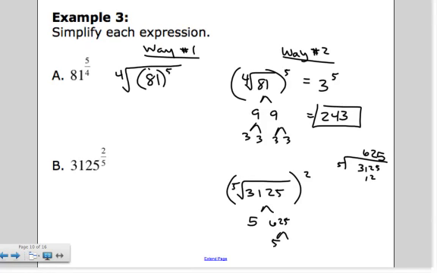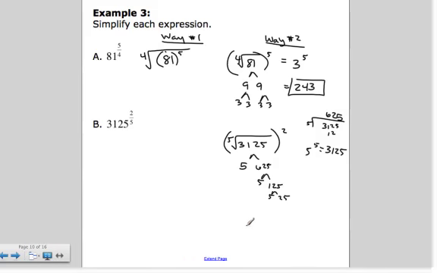Again, I can take out another 5, and that would be 125. I can take out another 5, and that would be 25, and then take out another 2 5s. So 5 to the 5th power equals 3,125. Okay, so what I have here is 5 squared, which is 25. Much nicer. Okay.